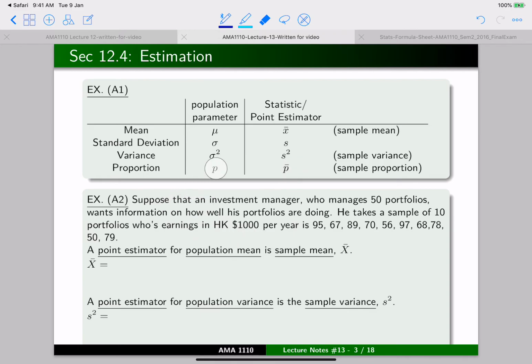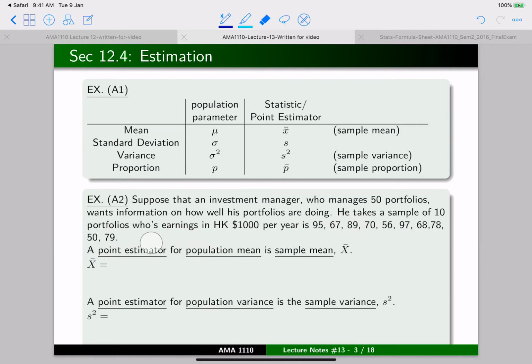So here, for example, suppose an investment manager who manages 50 portfolios wants information on how well his portfolios are doing. He doesn't want all the information on all his portfolios, so he just takes a sample of 10 of them, whose earnings are in the thousands per year, 95, 67, and so on.